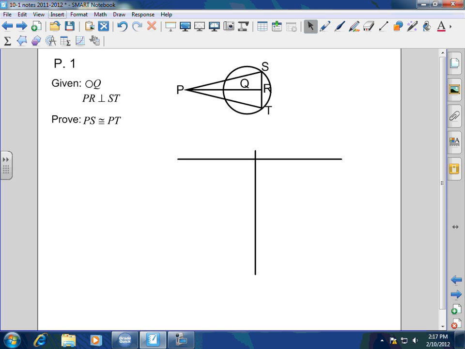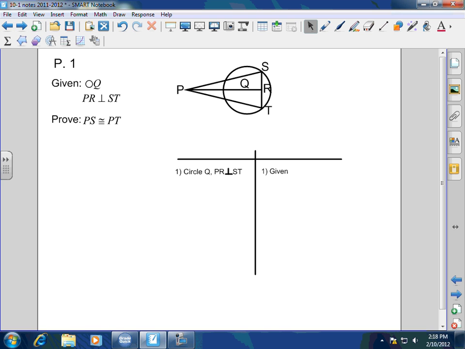Now, first things first, the givens. Very good. You got circle Q, and that PR is perpendicular to ST. Now, I know that in the past, we are very trained to say, oh, okay, angle PRS and angle PRT are right angles. If you said that, that would be correct.